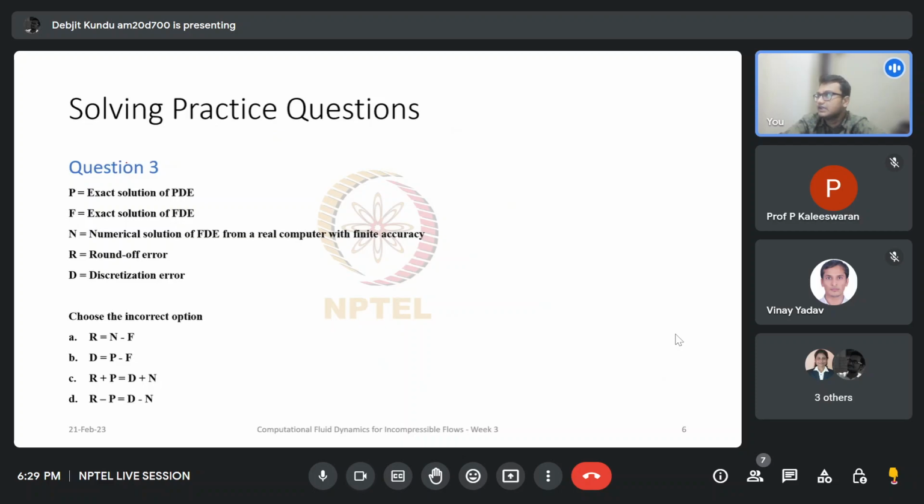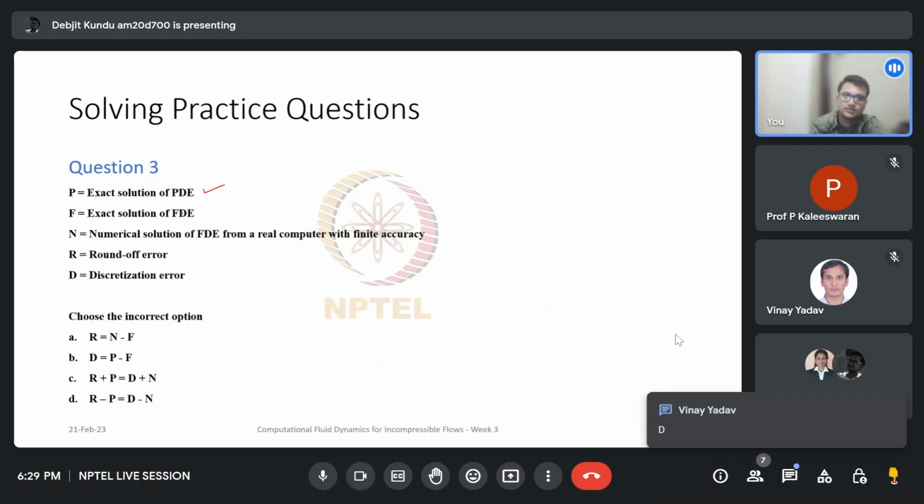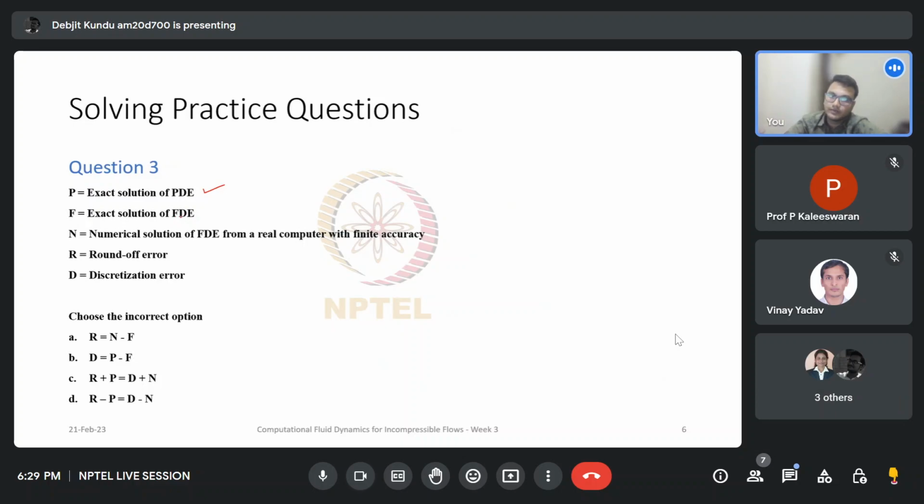First of all, let's familiarize ourselves with the different terms. P is the exact solution of the PDE. So we have a PDE, and the exact solution of it would be P. And F would be the exact solution of an FDE. FDEs can be solved without using a computer as well, so it's that exact solution.